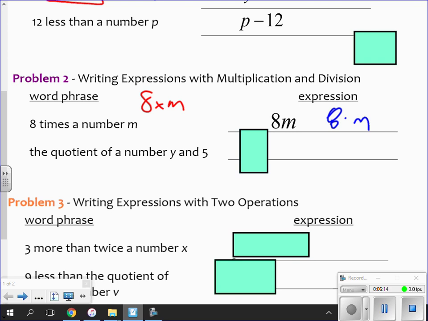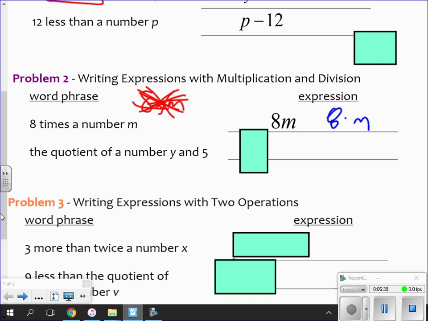It's confusing. So never use x when writing a variable expression for multiplication. Best thing to do is just slap the number right up against the variable. It's neat, it's clean, and it's the universal way of multiplying these two. Okay. What does it mean when I have a quotient?